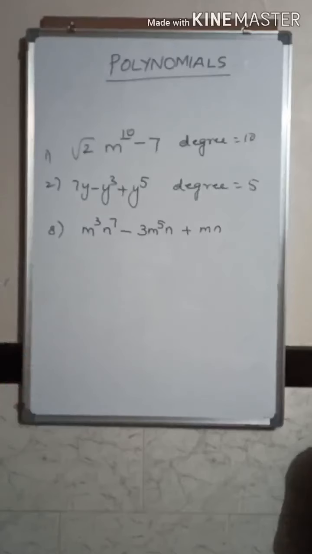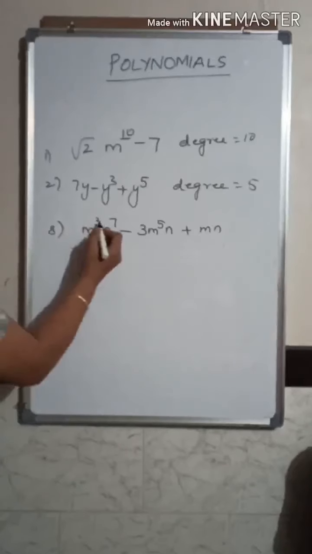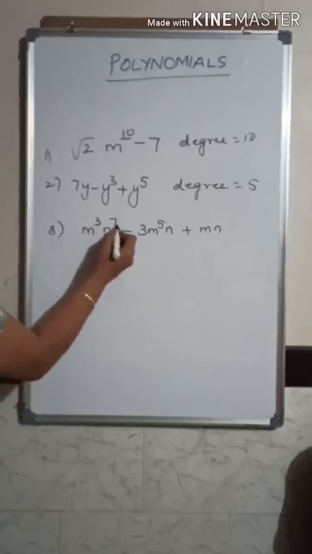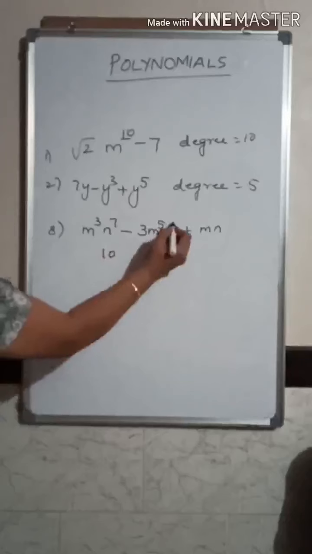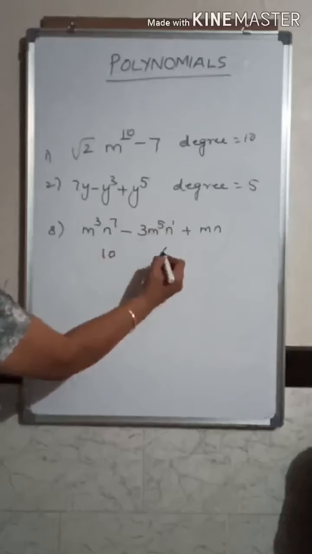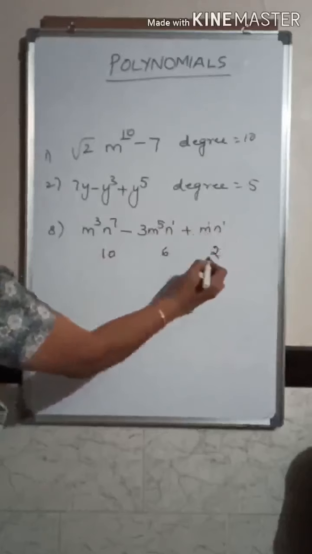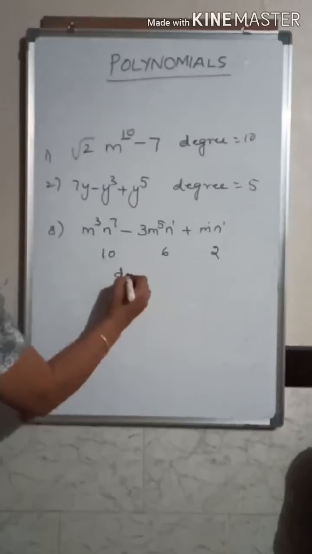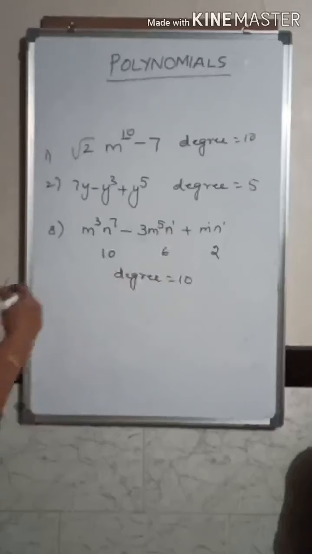To find the degree when you have more than one variable, you find the total of the powers in each term. Here you have the power 3 and 7, 3 plus 7 is equal to 10. Here it is 5, 5 plus 1 is equal to 6. Here it is 1 and 1, 1 plus 1 is 2. So you only have to write degree is equal to 10. This is how you work out when you have more than one variable.